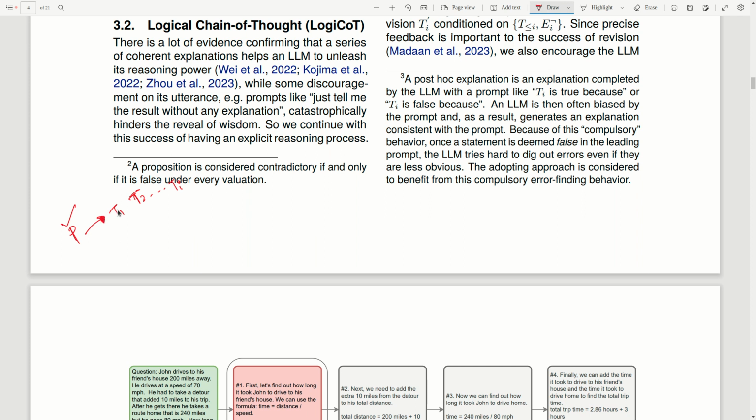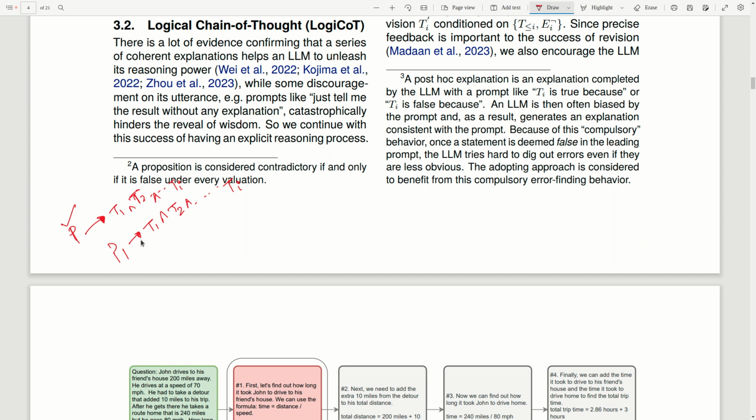This could be accomplished by simply applying an AND operation in between. So P implies T1 and T2 and ... T of I.